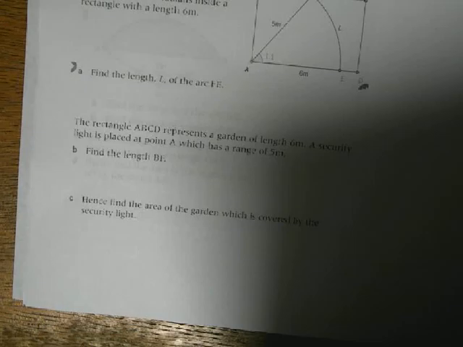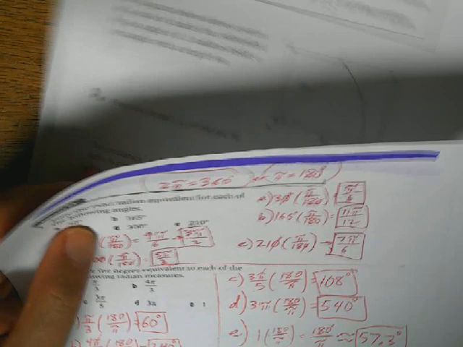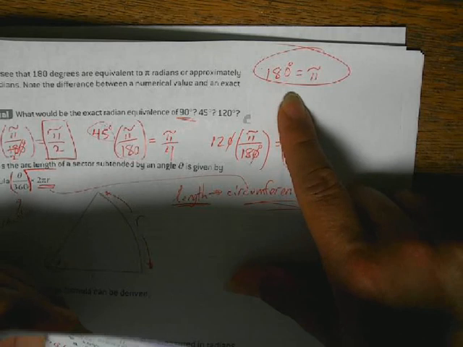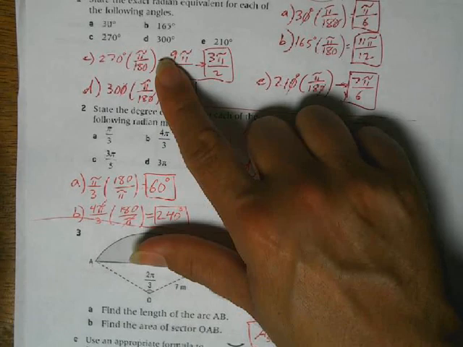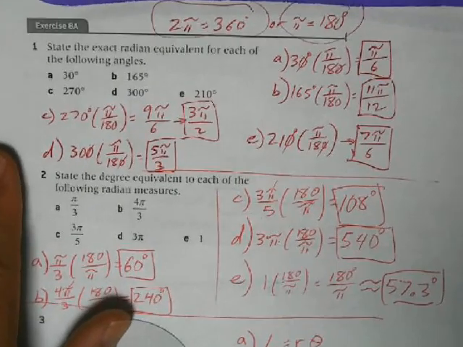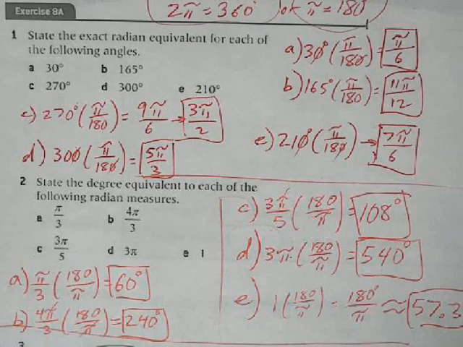Okay, so as I mentioned on the earlier page, we're going to use this relationship, 180 equals pi. So on the first problems here, let's zoom in some. Everything is in degrees.